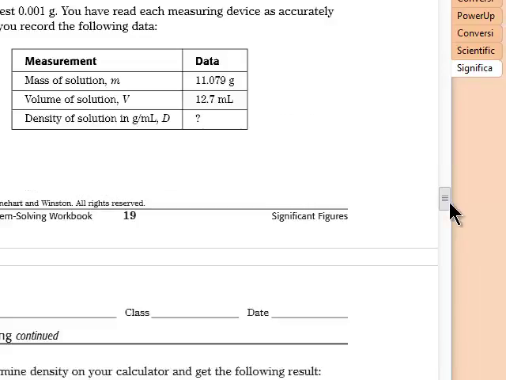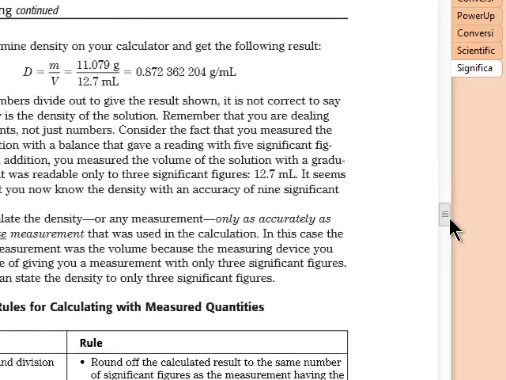Okay, so if we go back to another density example, how many significant digits are in this number? 11.079. How many significant digits are in this number?